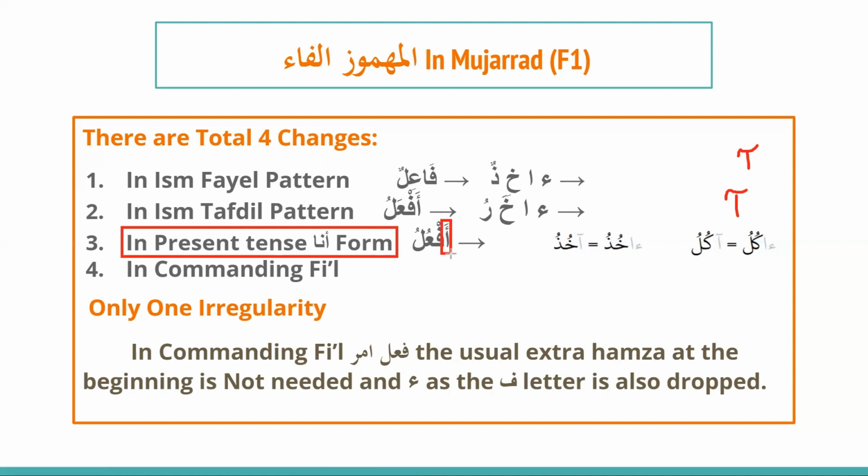Hamza, af'alu. So over here, because the fa kalma is hamza, the same problem appears, only in the ana form of present tense. The solution is the same: we just put a madda on it. Akhuzu. So the present tense ana form is akhuzu. Akulu, I eat. Akhuzu, I take.